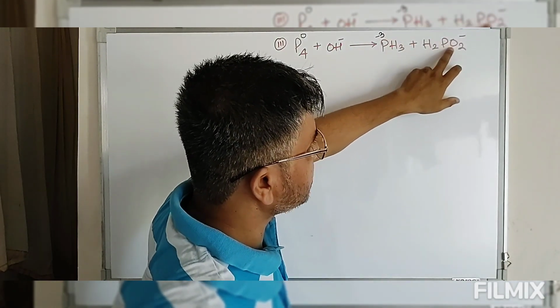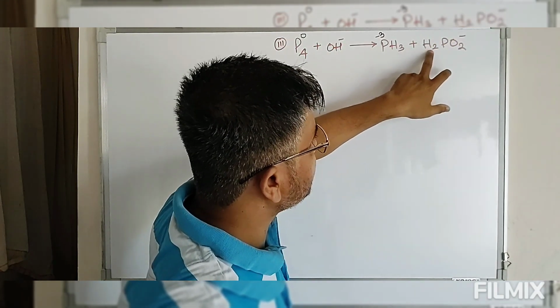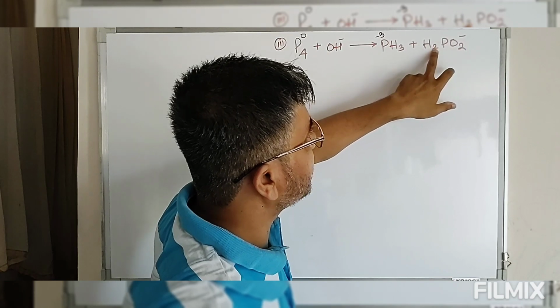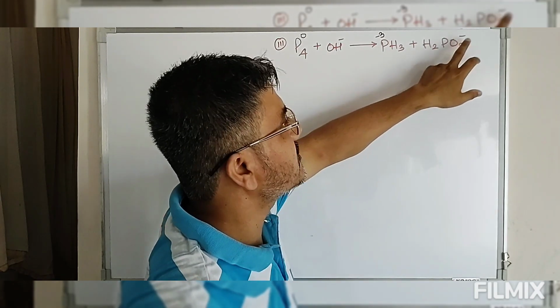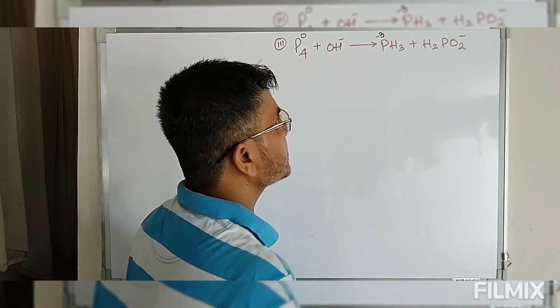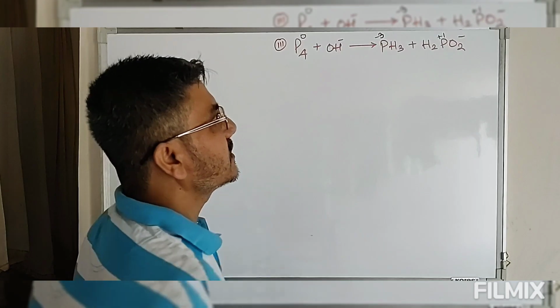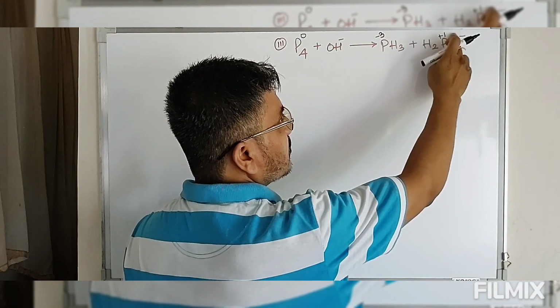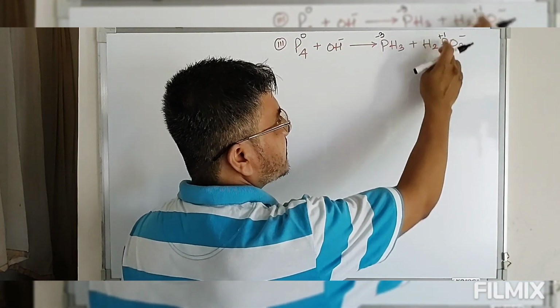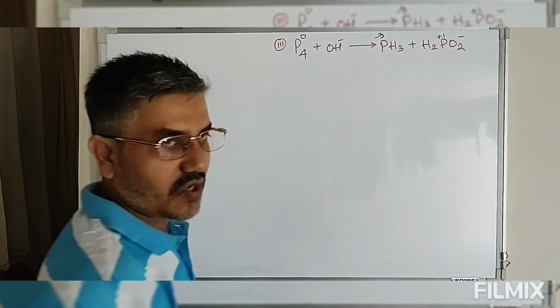Oxide is -2, so -2 times 2 is -4, plus 2 plus x equals -1. So this phosphorus is in +1 oxidation state.